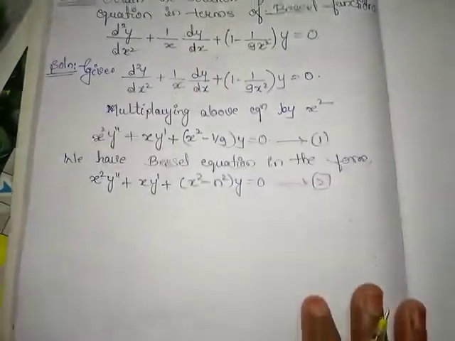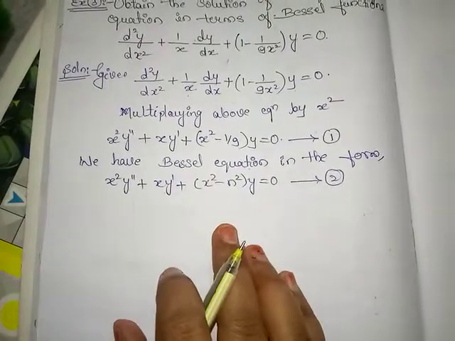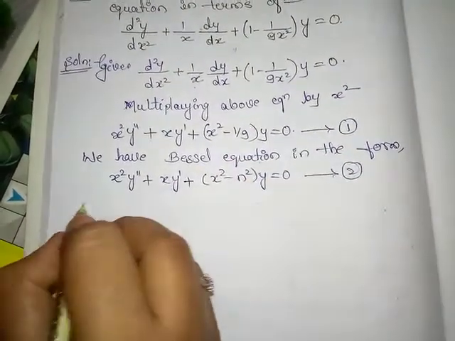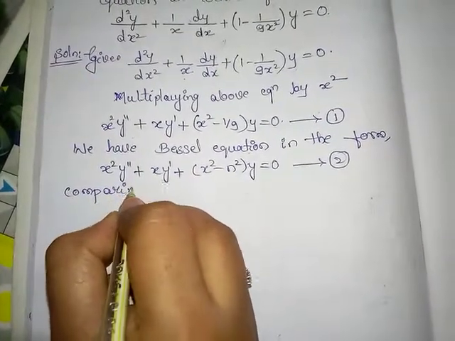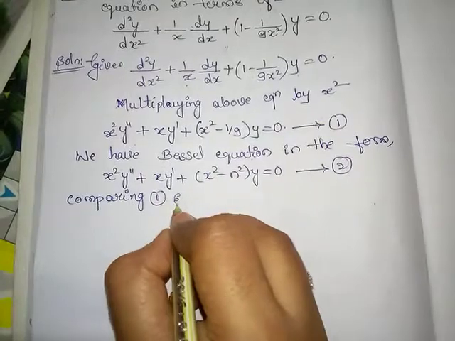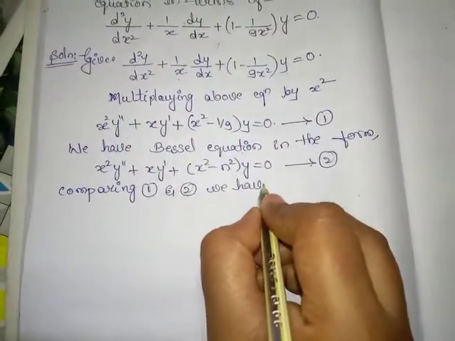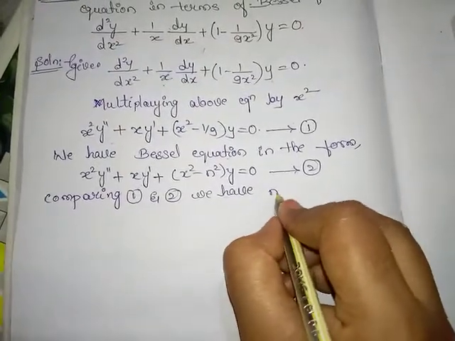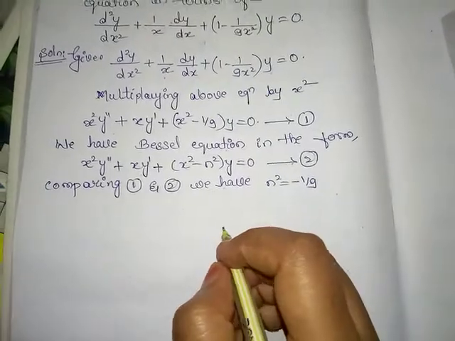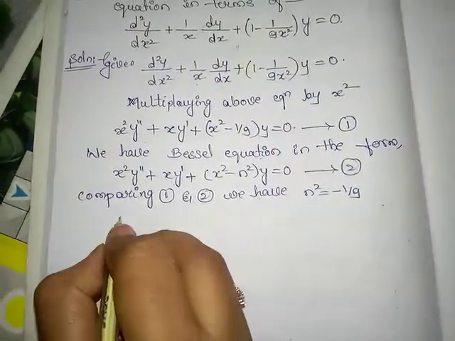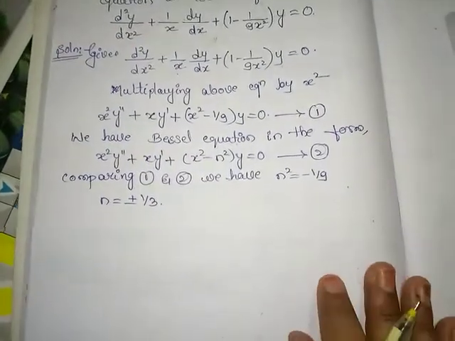Name this as equation 2. Now to find the solution, just compare these two equations. Comparing 1 and 2, we have n square is equal to minus 1 divided by 9, and n is equal to plus or minus 1 divided by 3.